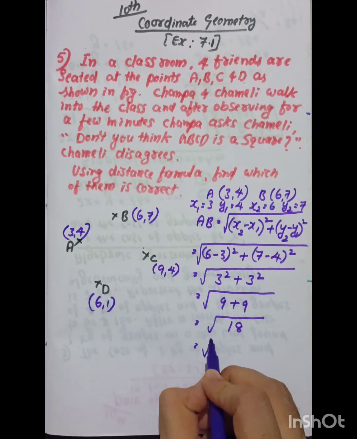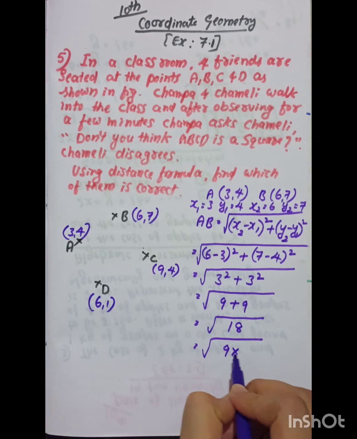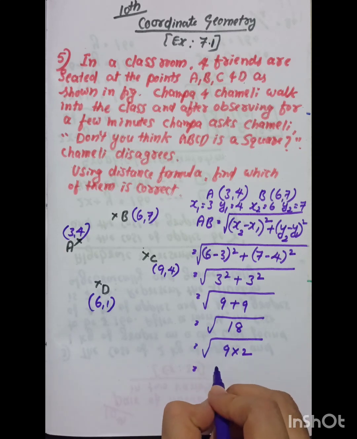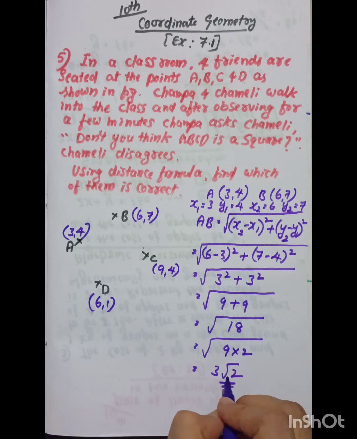You can write 18 as 9 into 2. If we remove 9 out of the square root, we get 3 root 2. This is the answer for AB.